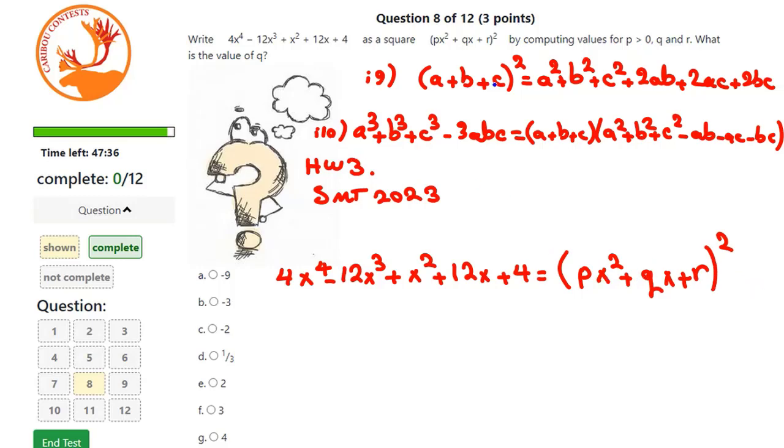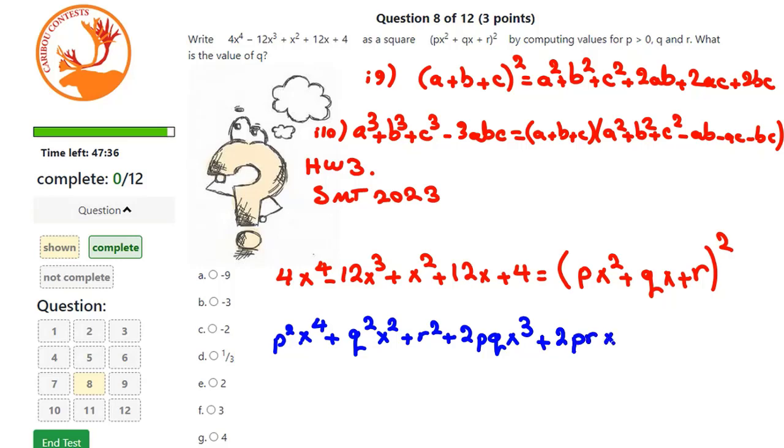If we use this identity for this part, it will be p squared x to the 4, first one to the power of 2, plus second one to the power of 2, q squared x squared, plus r squared, which is a squared plus b squared plus c squared, plus 2pqx cubed, 2 times this, plus 2prx squared, 2 times this, plus 2qrx. And then it will be what?